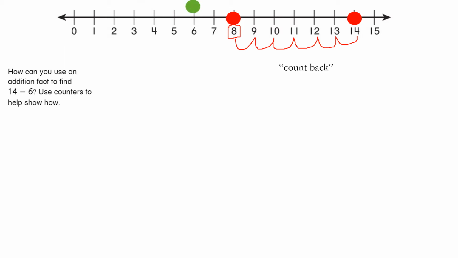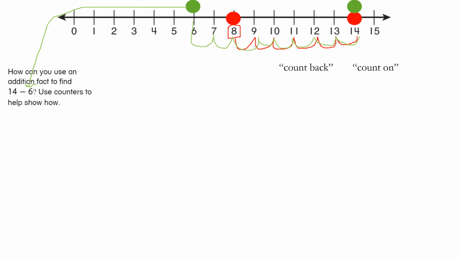The smaller number was the 6. And we would keep going until we get to 14. And we just count the spaces that it takes to get there. So let's see. There's 1, 2, 3, 4, 5, 6, 7, 8. So whether we count on or count back, we're going to get the same answer. 14 minus 6 equals 8.